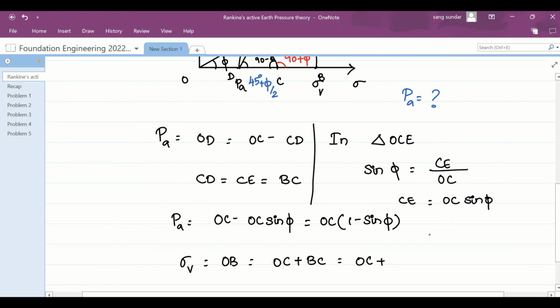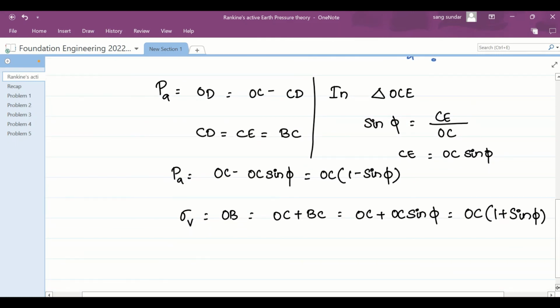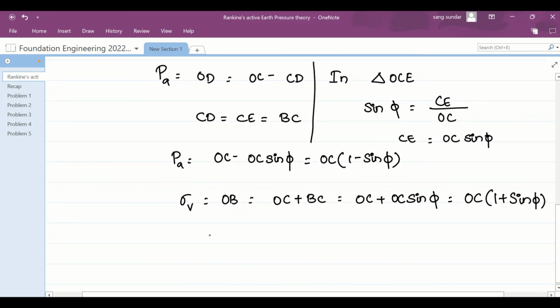CE is nothing but OC sine phi. So just take OC outside, then you will get OC into 1 plus sine phi, right?